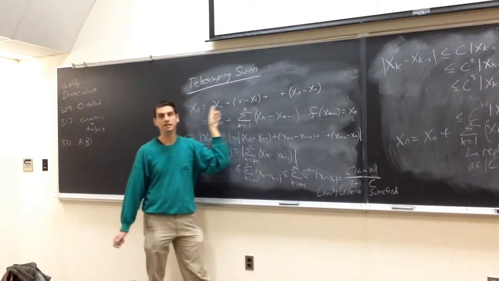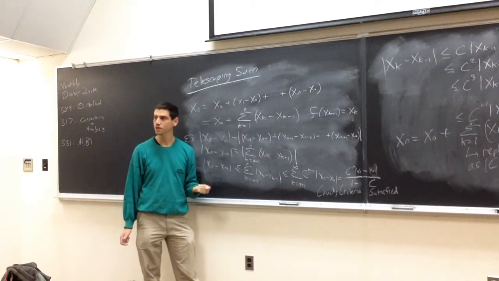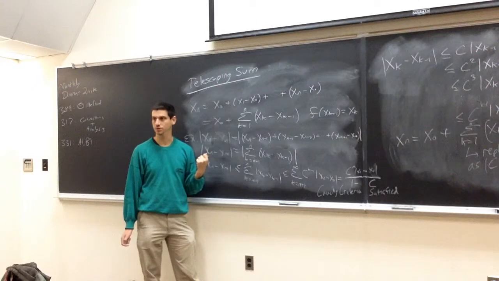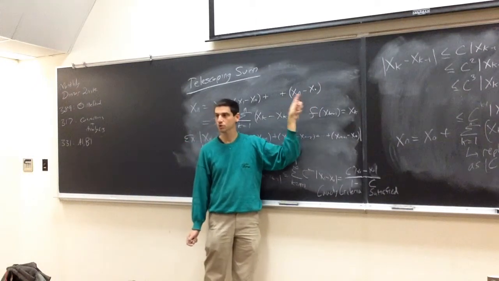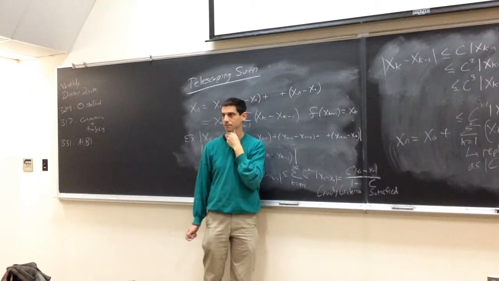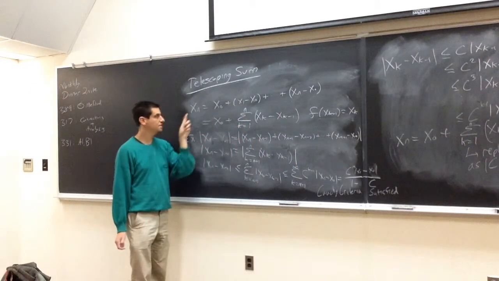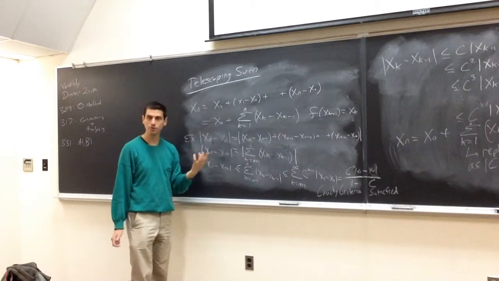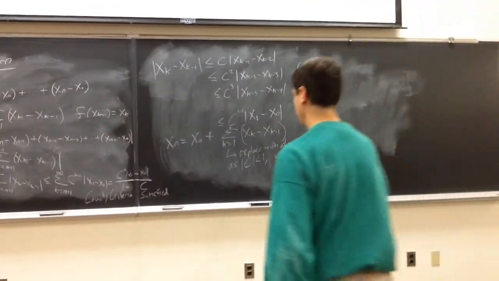This is the part that really needs to be emphasized. It is an explicit formula to calculate what things converge to. You just keep adding terms like this, and this will converge. This is x_n. So we've now shown that the sequence x_n converges.